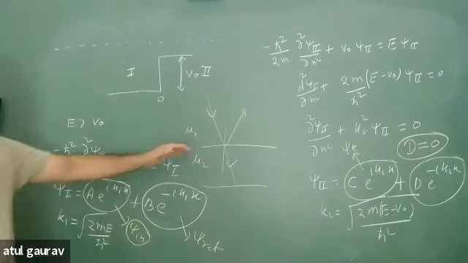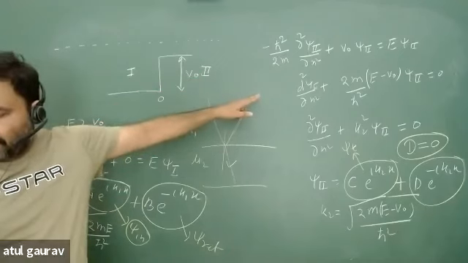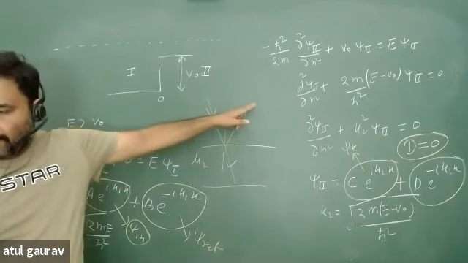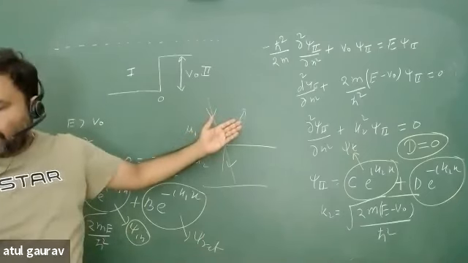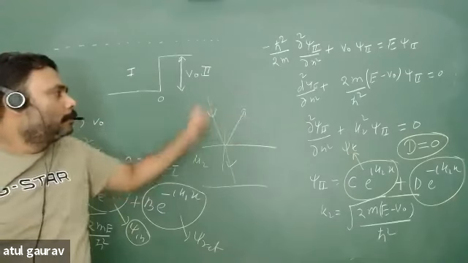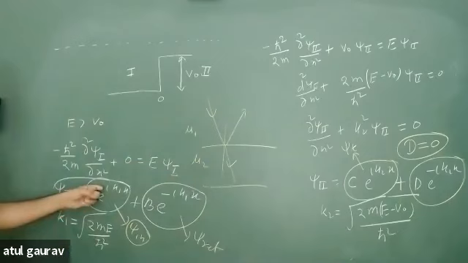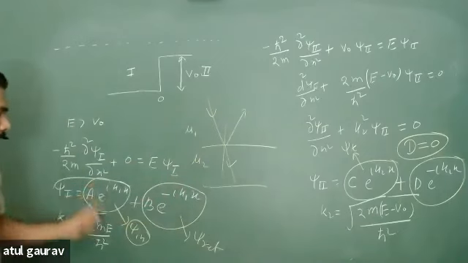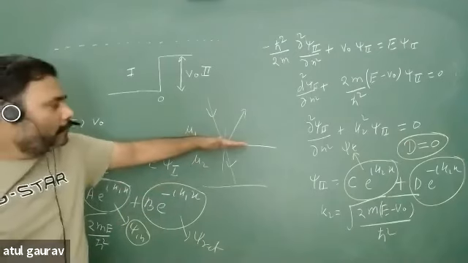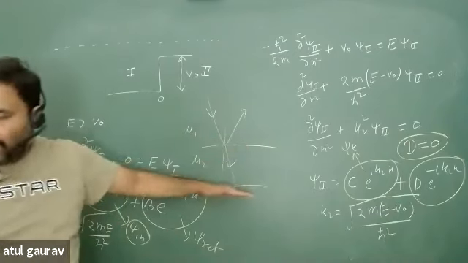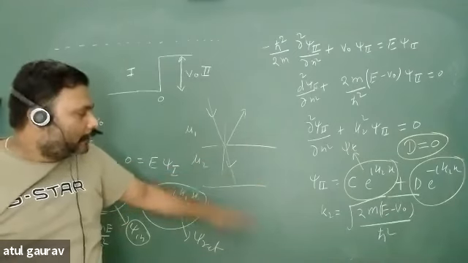Just take the analogy. This is the incident wave and this is the reflected wave in light, in optics. The incident wave and reflected wave remain in the same region, but both have opposite velocity or opposite momentum. Once the wave is transmitted, it will be reflected again only when there is a change in velocity or a change in medium.